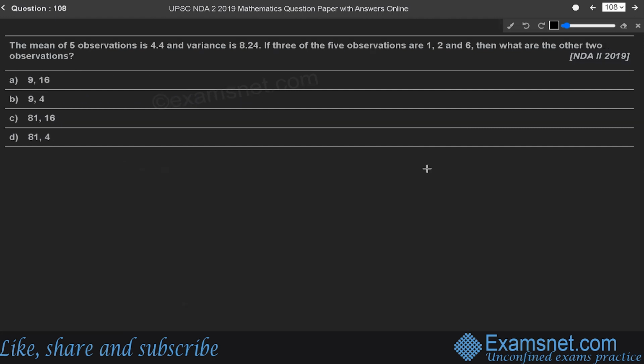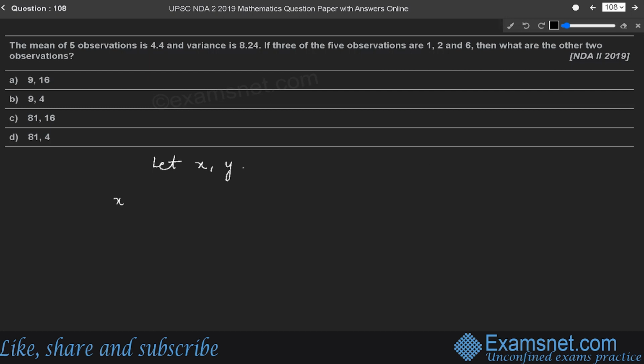Next question is: the mean of 5 observations is 4.4 and the variance is 8.24. If 3 of the observations are 1, 2 and 6, then what are the other 2 observations? So let the 2 observations be x and y.